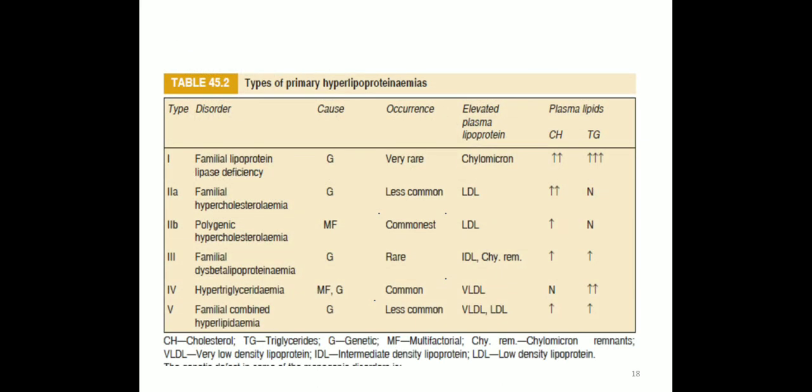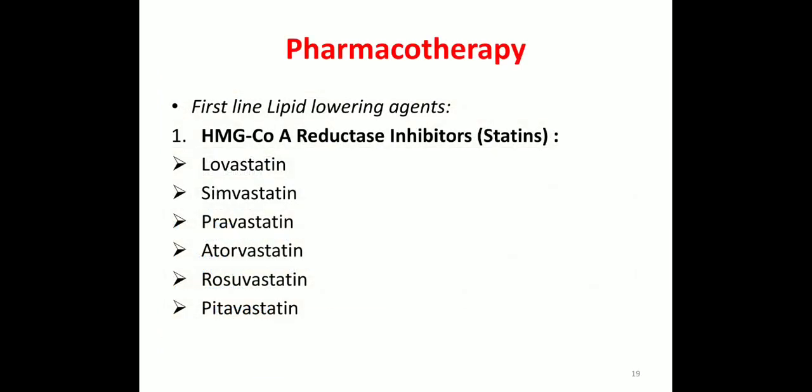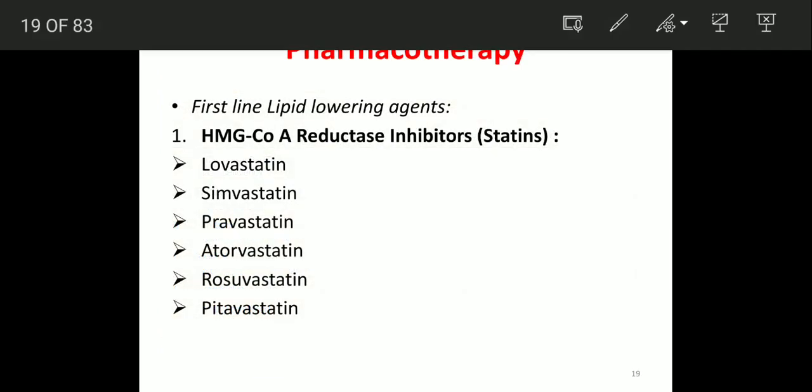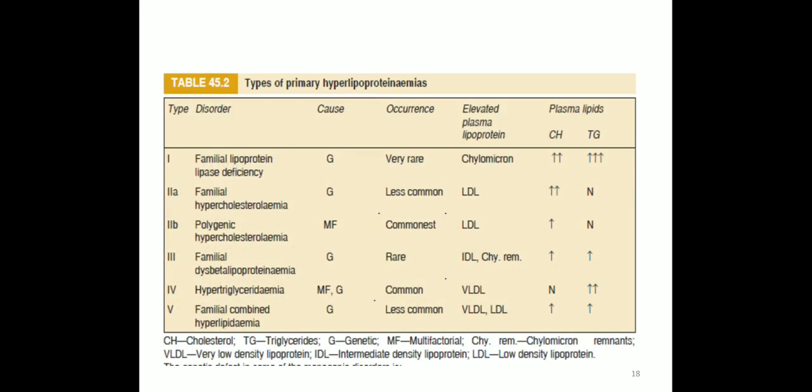Now types of primary hyperlipoproteinemia, which include type 1, 2A, 2B, 3, 4 and 5. As we can see, type 2B is multifactorial and the commonest of all, which is polygenic hypercholesterolemia, having an increased LDL.